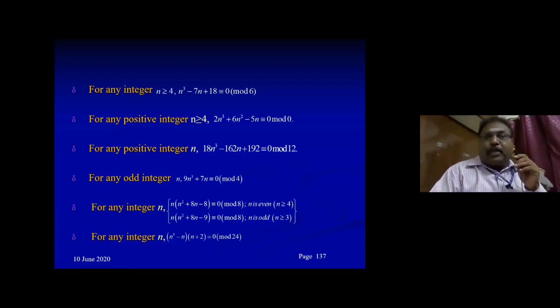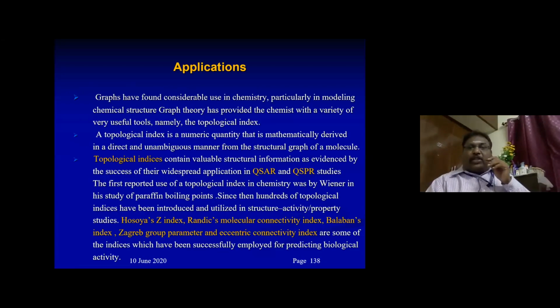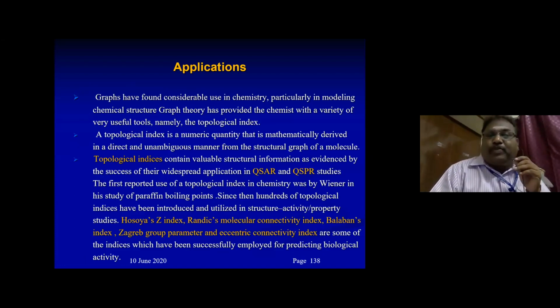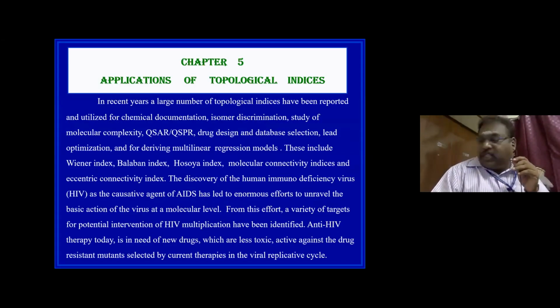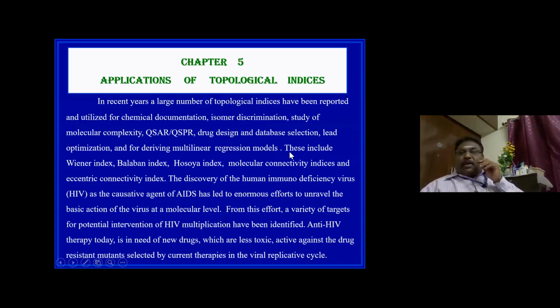Fine. So let us come to some applications of chemical topological indices. HIV is the most notified disease of the last century, where you didn't have medicine like what we have now with the corona, right?